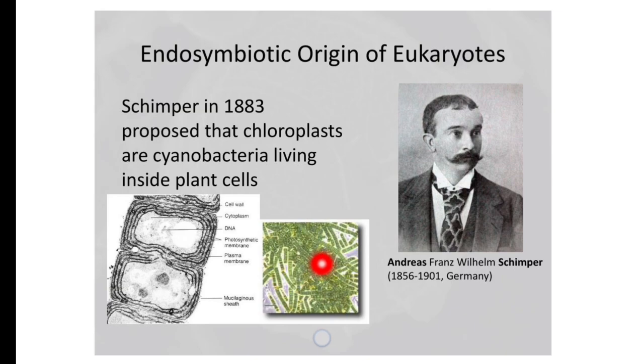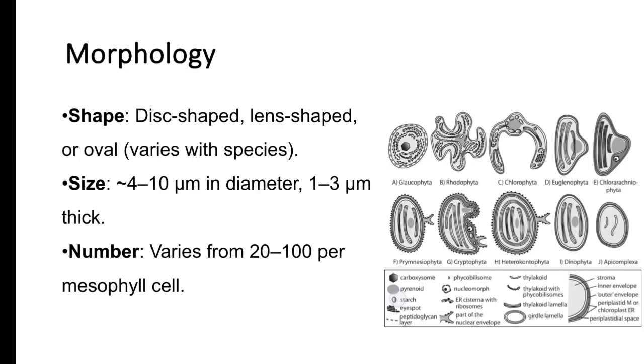Because of this presence of 70s ribosomes inside the chloroplast, it is considered that, according to the endosymbiotic theory, the chloroplast was engulfed inside the eukaryotic cell system. This concept was earlier proposed by a scientist called Schimper in the year 1883. He proposed that chloroplasts are cyanobacteria living inside the plant system.